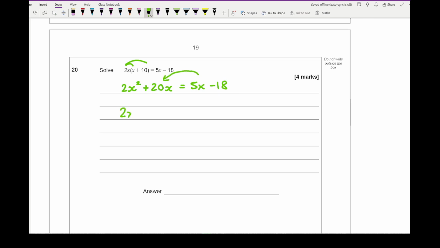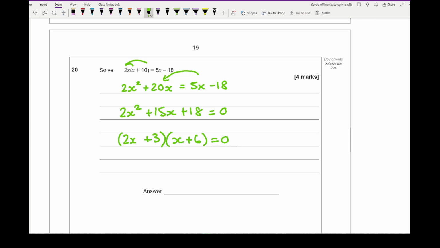So we end up with 2x squared plus 15x plus 18 equals 0. And then from this, all we then need to do is factorize, which this does. If it didn't factorize, I may have to use the quadratic formula, but this one does factorize to 2x plus 3, x plus 6 equals 0. And you can either do that by inspection or using the magic number way.